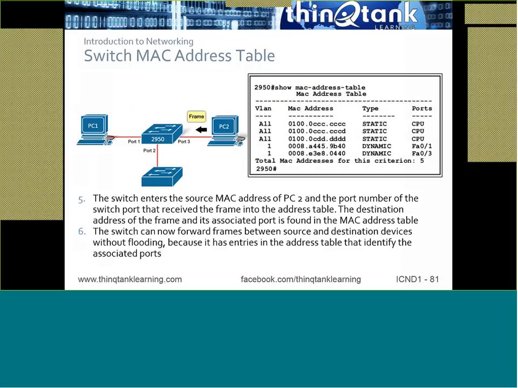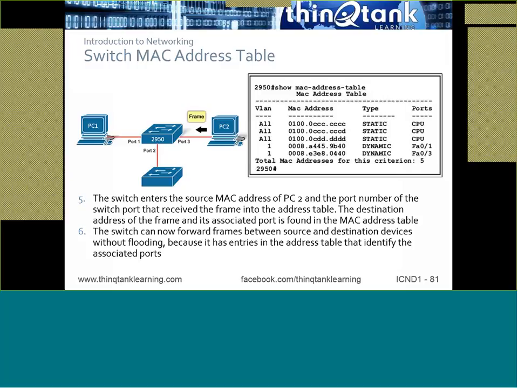Now, is it going to flood the response, or is it going to switch the response? It's going to switch the response. Why? Because PC1's MAC address is in the table. The more active the switch becomes, in other words, the more frames that pass through the switch, the more the switch learns, and the more efficient that switch becomes.